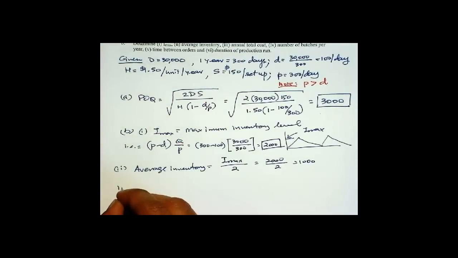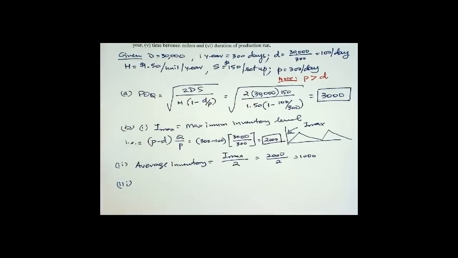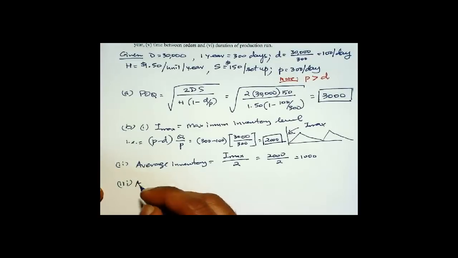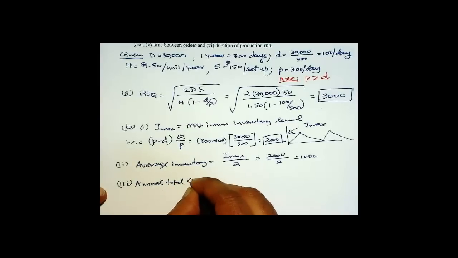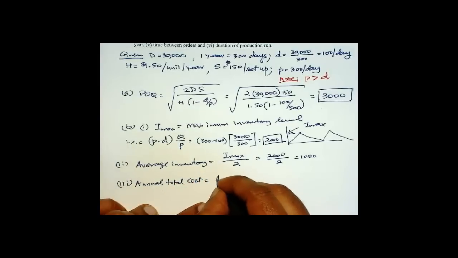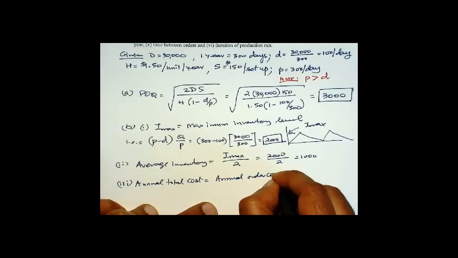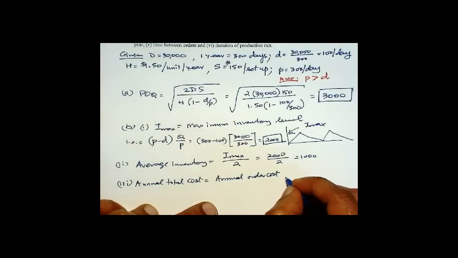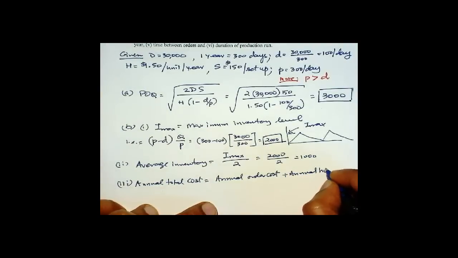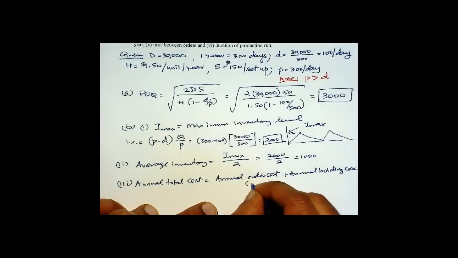Annual total cost is annual order cost or setup cost plus annual holding cost.